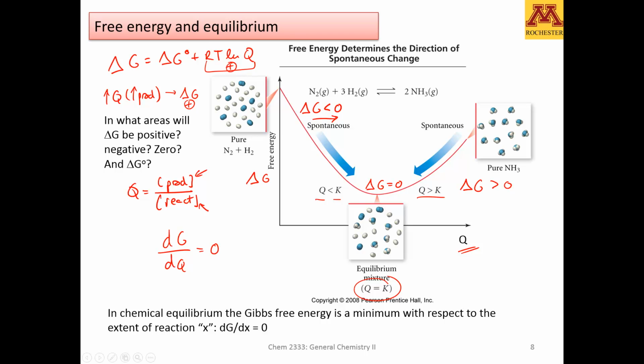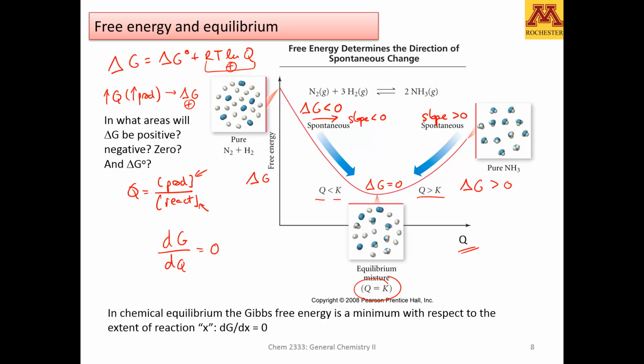When you have a minimum, that's the criterion for equilibrium. And so we can talk about the slope. When the slope in this area is negative, you're going to have a spontaneous reaction moving forward. When the slope is positive, the reaction is going to move towards reactants.